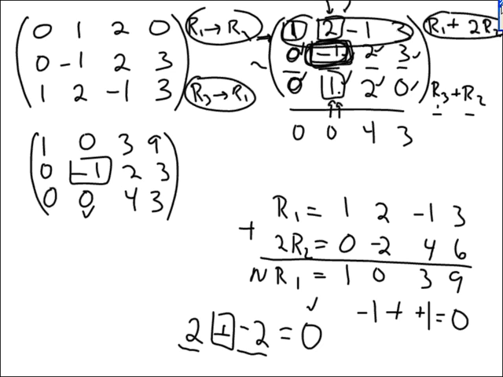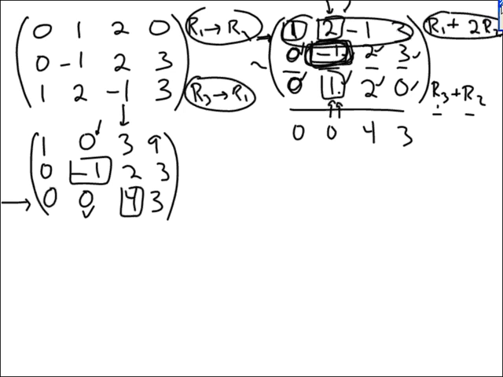Again, I'm not worrying about getting 1s for the leading entries right now, but I do have 0s above and below. Now we go into column 3, row 3. 4. That's called, I guess, the pivot number, the pivot entry.